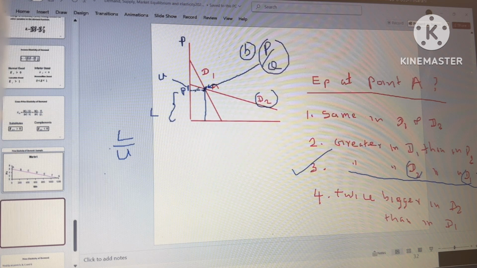Whatever the value, look at the size: the lower segment is much bigger than this small upper segment. Now you have to imagine the value. It will get a bigger number anyway. If you take D1, you look at the upper segment. The upper segment is much bigger.